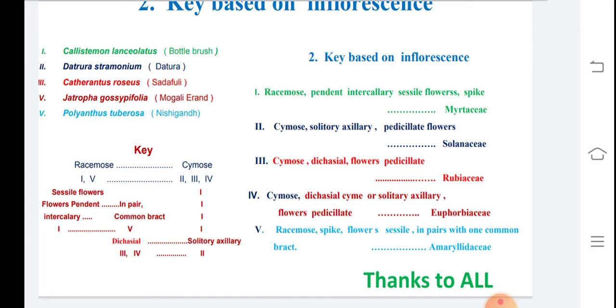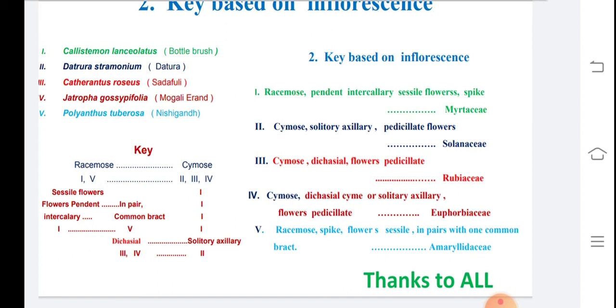Then second, cymose, solitary axillary pedicellate flower. It is from our Solanaceae. Then family is not important, I have just taken it for our understanding. Then third, cymose material for Catharanthus sadapuli and the dichasial cyme, pedicellate.